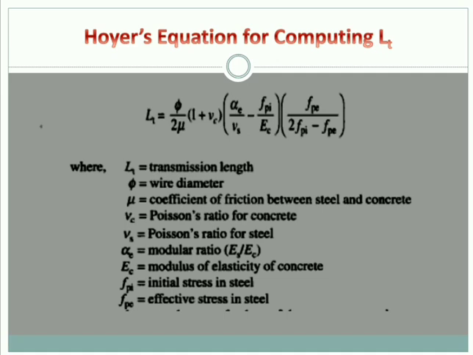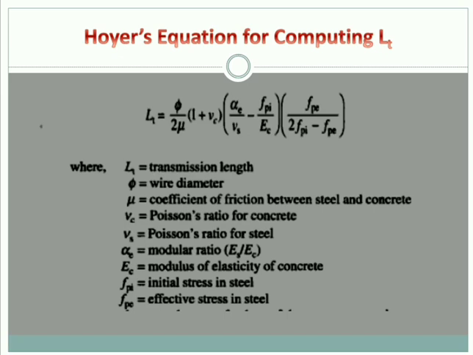This equation reads as LT is equal to phi divided by 2 mu into bracket 1 plus Vc into bracket alpha E divided by Vs minus Fpi divided by Ec multiplied by Fpe divided by 2 Fpi minus Fpe, where the terms are listed as below.